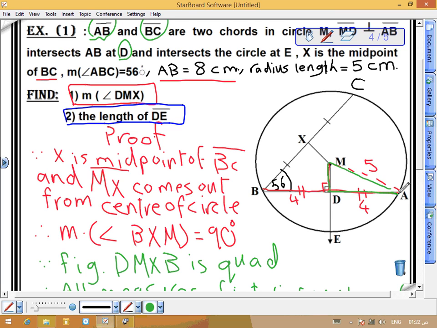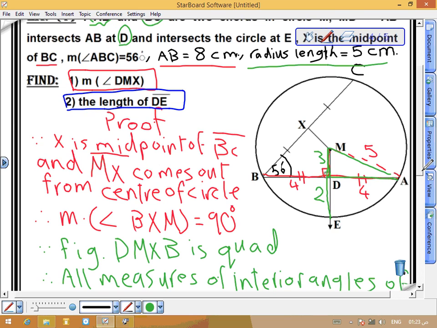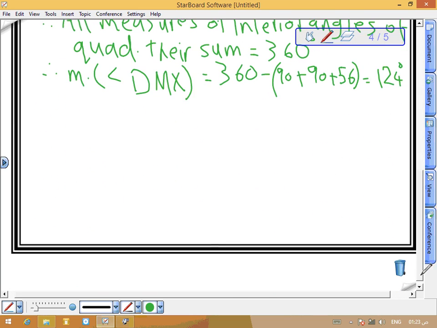So we will get that the length of MD, by the square root, equals 3 centimeters. And we note that the radius length equals 5 centimeters. So by subtracting, the length of ME, which is equal to 5 centimeters, minus 3, we will get that the length of DE equals 2 centimeters. This proof will be written below as shown here.